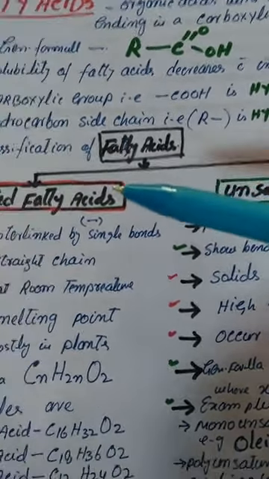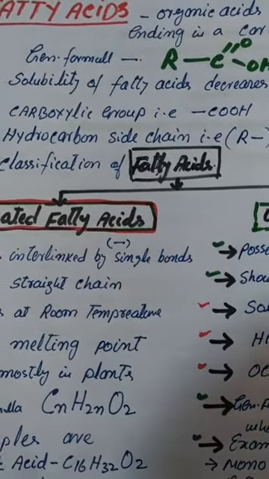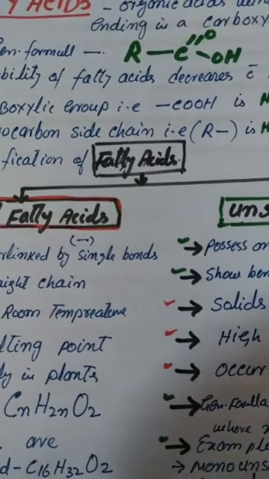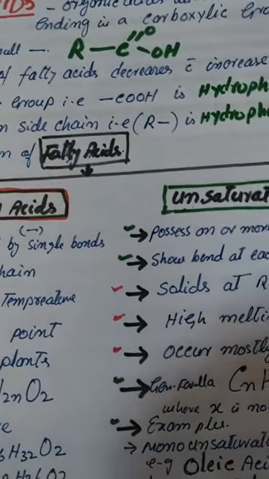Secondly, the saturated fatty acids form a straight or linear chain, whereas the unsaturated fatty acids show a bend at each double or triple bond.